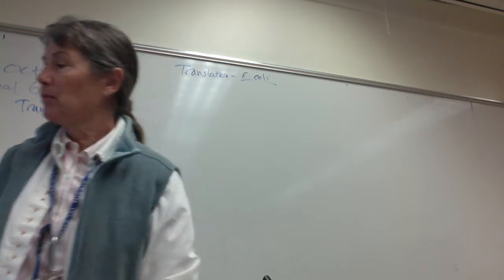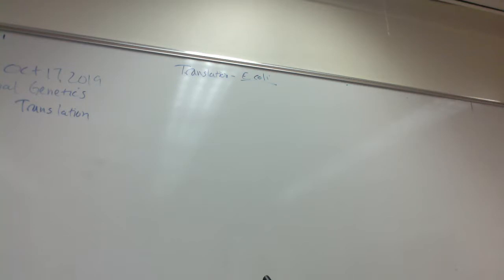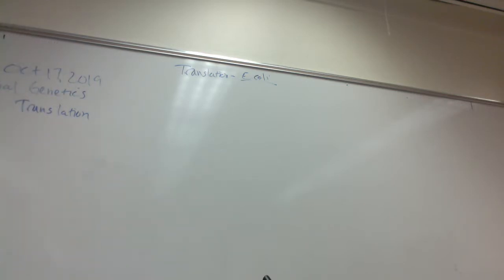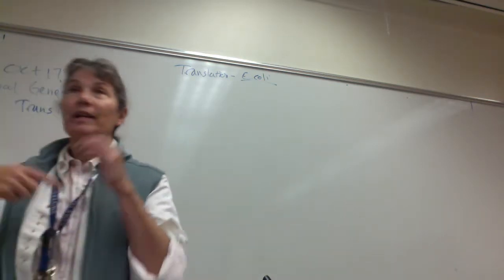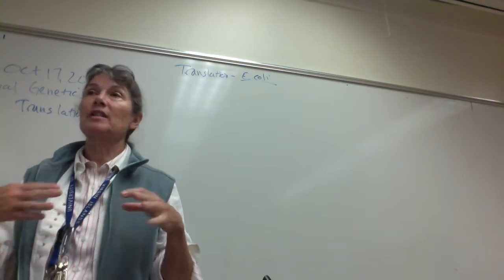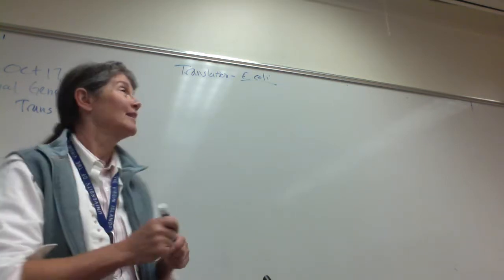Okay, so let me advance here to, so you guys, what is the key to translation? What permits the cell to use a mRNA base sequence and then translate the mRNA base sequence into amino acids? What's the key to that cool event?